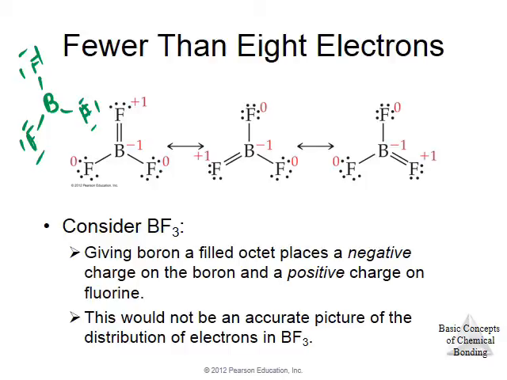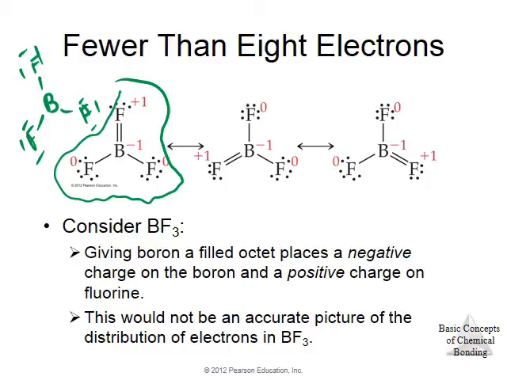Now one can try to make 8 electrons by bringing an electron pair from fluorine to boron, as you see in this structure. But that would give +1 on fluorine, which is highly electronegative, and -1 on boron. This is an alternative way of explaining what we see in experiment, that all these BF bond lengths are equal or identical, and they are single bonded.